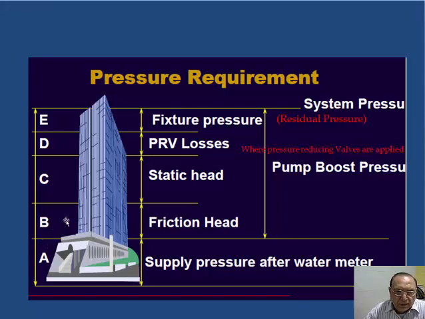So far, till this slide, we have learned actually how to calculate the flow required and how to calculate the head. So these two things are required to select the booster system.